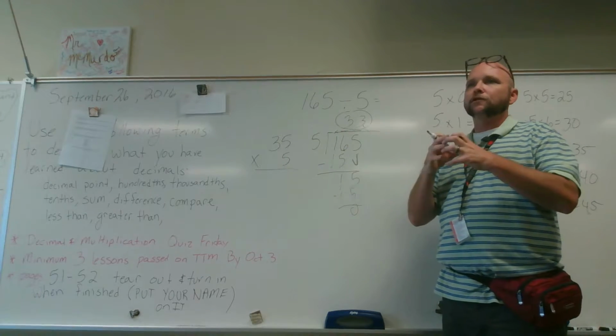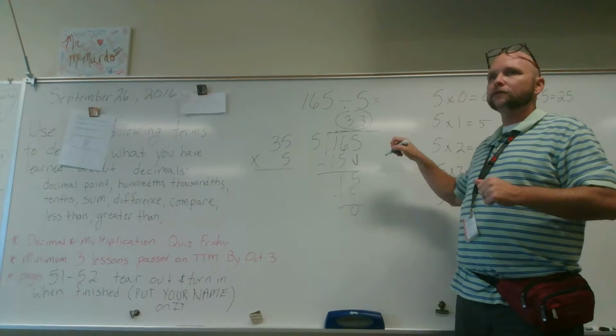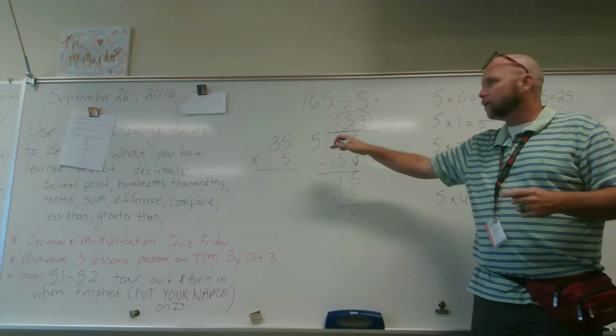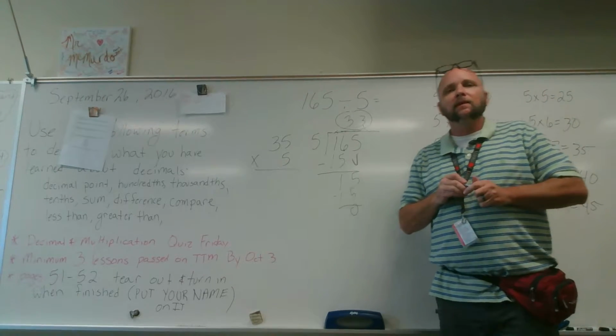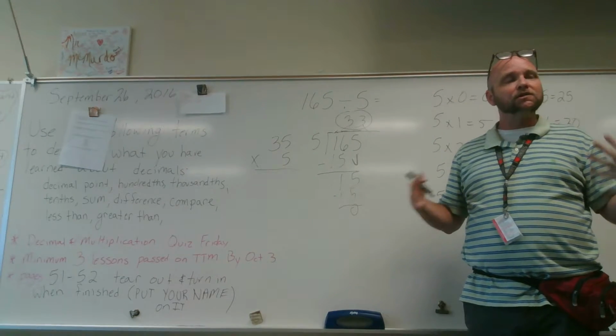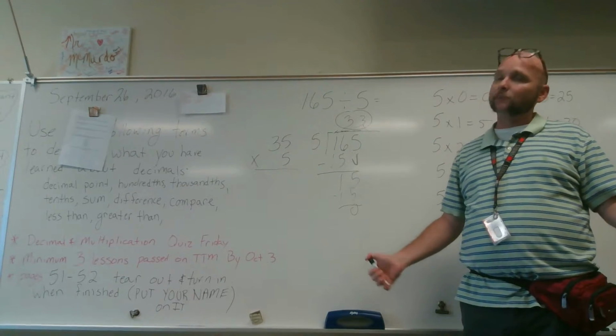So there's 5 in each group. If I drew little circles and put 5 in each, I would end up having 33 groups. That's for those of you that need to see models.